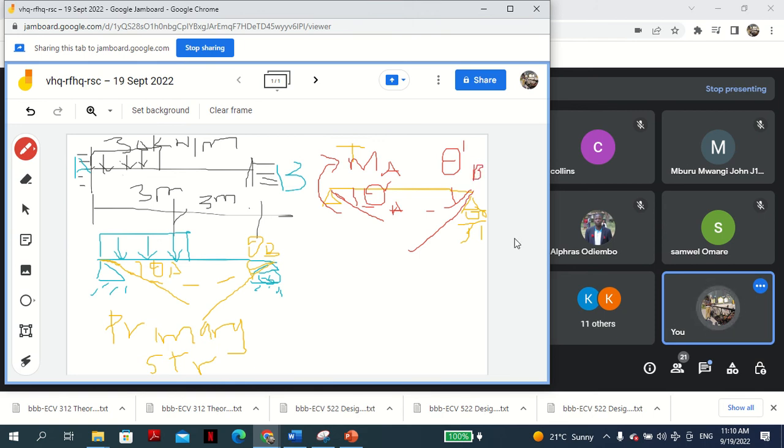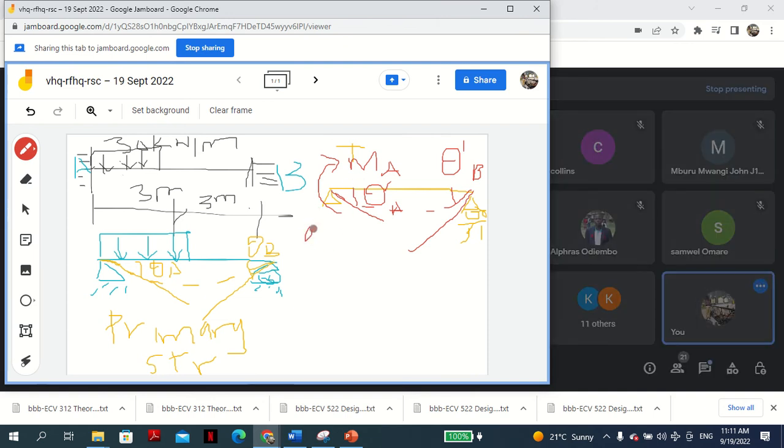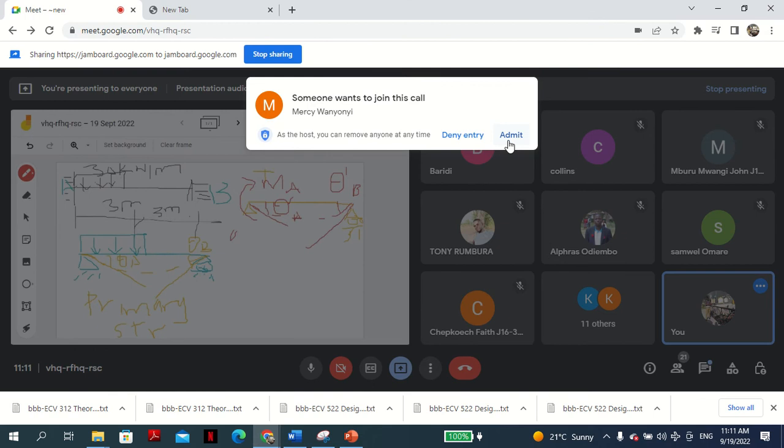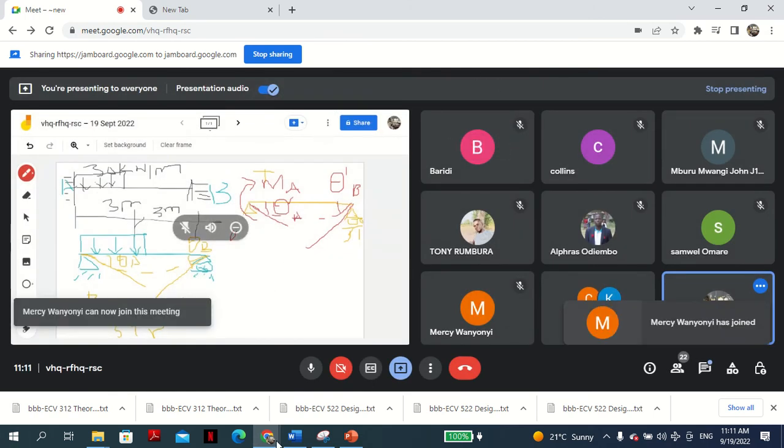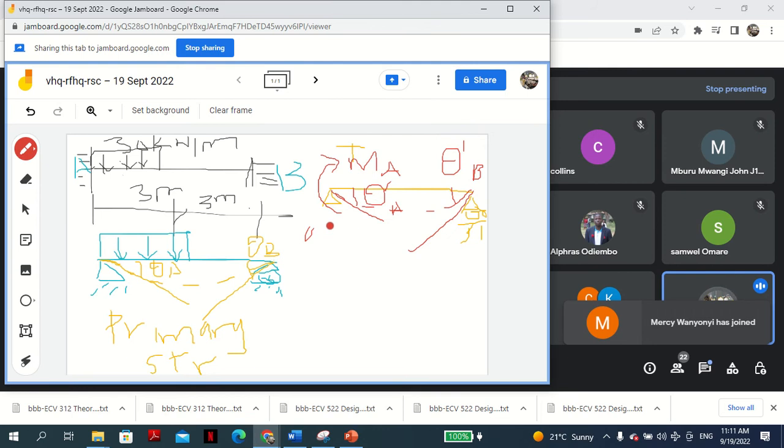Now, just to get it over with, you remember Maxwell's reciprocal theorem, that if you put a unit moment, because to be able to solve this, we will apply a unit moment at point A. So theta A, sorry, not theta A per se, let me erase this.